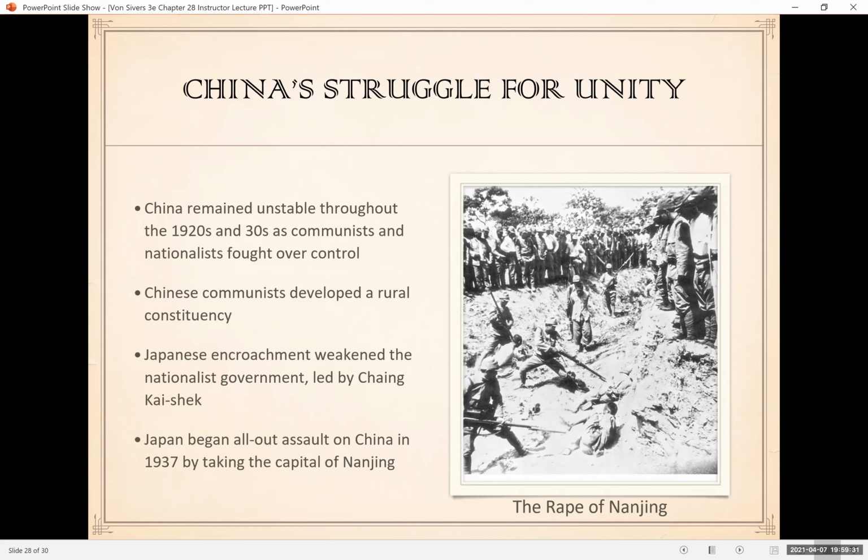The Japanese are going to move in and try to get rid of the nationalist Republican government. By this time, Sun Yat-sen was dead, and the nationalist government was led by Chiang Kai-shek.